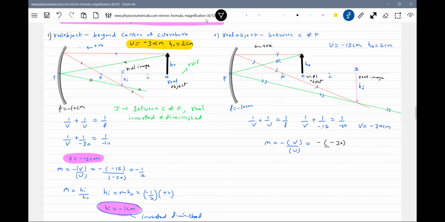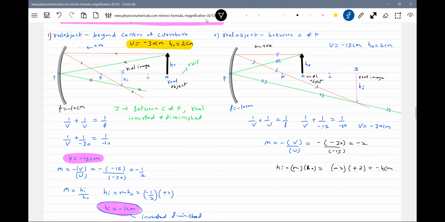Okay, substitute again. This minus 30, plus 2. So let's calculate the height of the image equal to m into ho, plus 2, minus 2, this will be negative. So this will be minus 4. So the height of the image will be minus 4 centimeter.